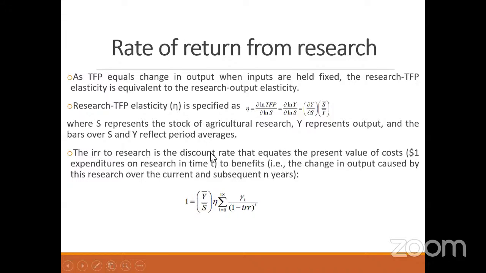Internal rate of return is the discount rate which equals the present value of cost to the benefit that is going to occur in subsequent years. Here he has calculated the internal rate of return for the 18 years. So likewise, the rate of return from research is calculated.